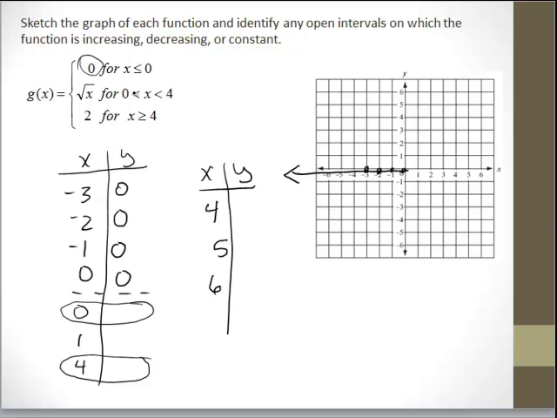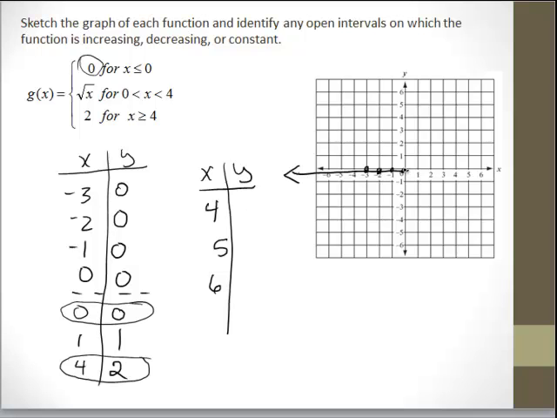So how about the next one? If this could be 0, you get the square root of 0, which is 0. Okay? If it can be 1, which it can be, you get the square root of 1, which is 1. And if it could be 4, it would be the square root of 4, which is 2.